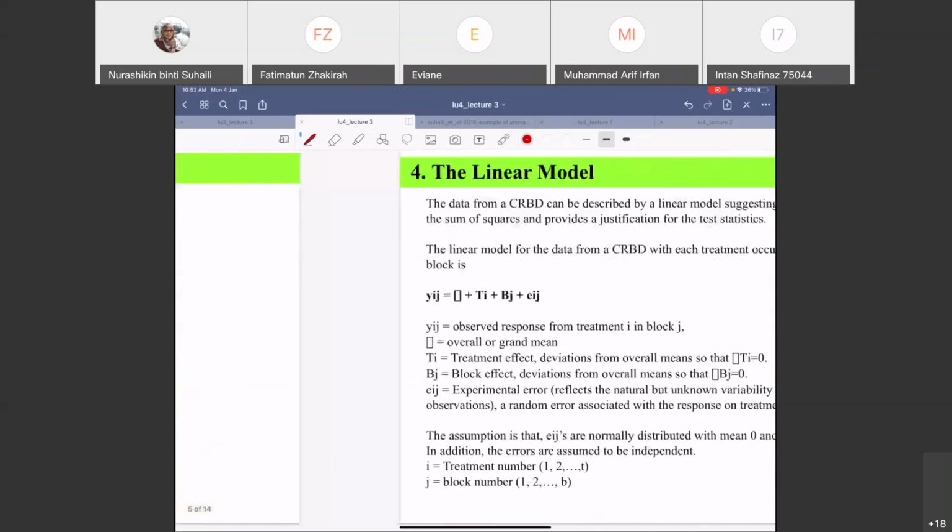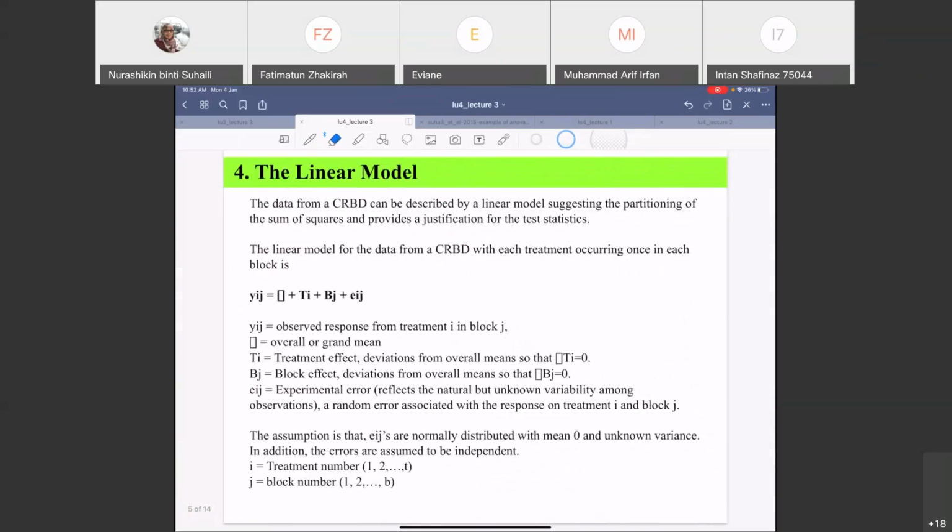So now let's jump directly to the linear model. Again, it has its own way of constructing the model or equation. Just now in the completely randomized design, we only had treatment, right?